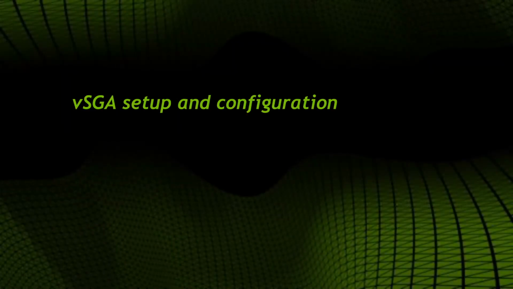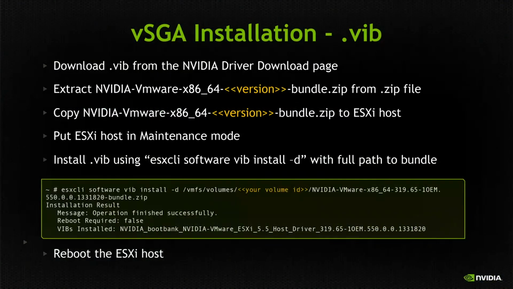This is where it gets a little detailed, and I'll try to be light on the details so I can get through all the slides. This is just the basic VSGA setup and configuration. It's really easy. I could do it. I'm sure everyone in here, if you have any computer experience, can set it up fairly easily. First, you need to install the VIB driver in the hypervisor.